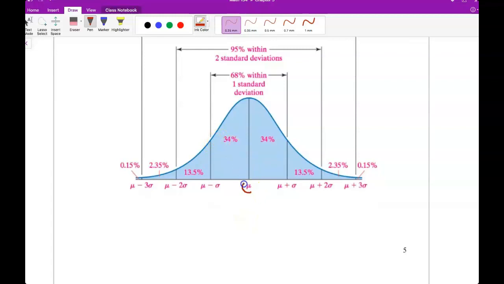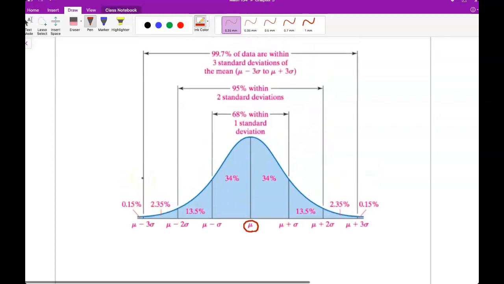And this part is 68% within one standard deviation. Then after that, we have 95% within two standard deviations. Here is 99.7% of the data within three standard deviations.